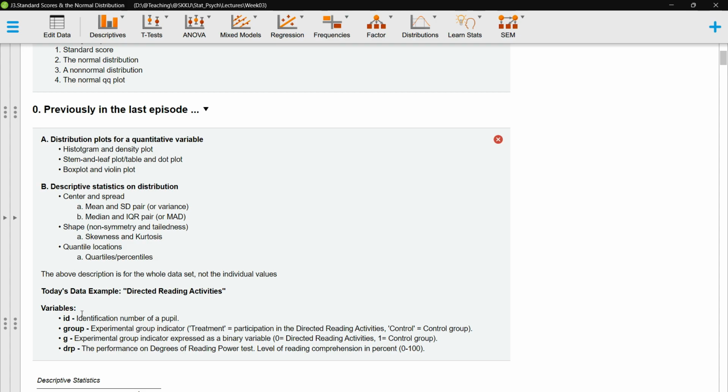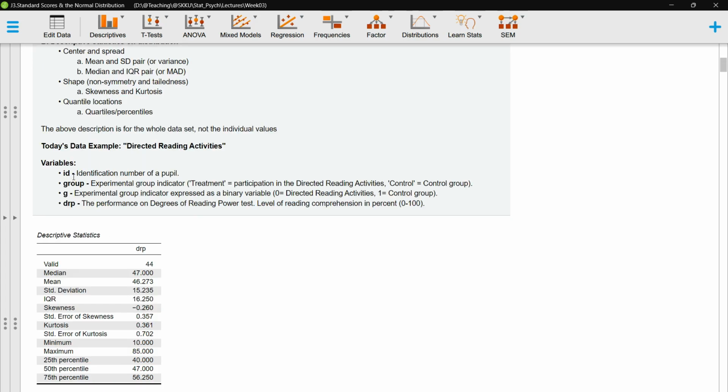Let's start with an example data. Today's example data is directed reading activities. In the data, we have 4 variables. The first one is an identification number of the kids in the school. The second variable is the group variable, the experimental group indicator, one for the treatment group and the other for the control group. The third variable is just a recoded value, 0 and 1 for the 2 groups.